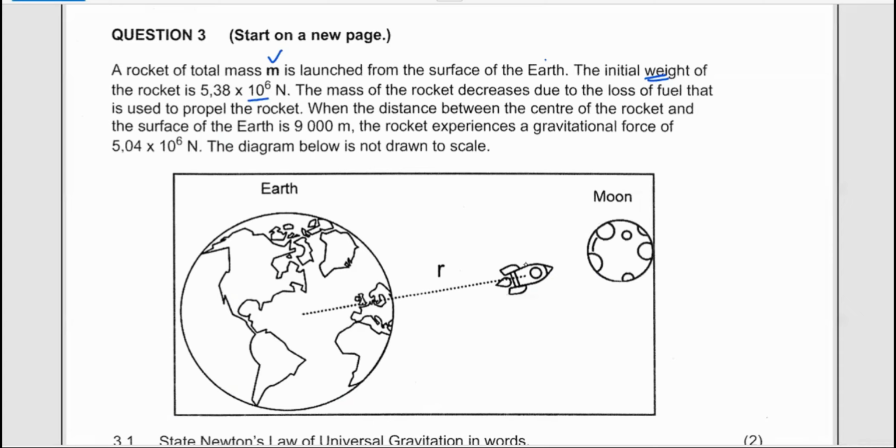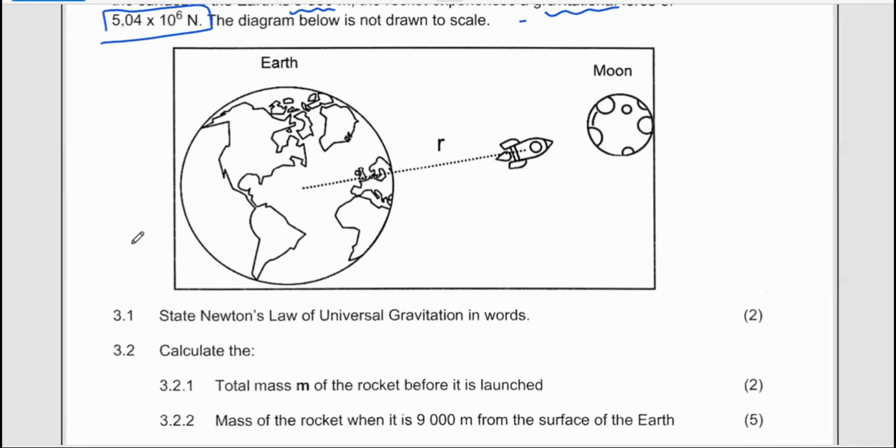When the distance between the center of the rocket and the surface of the Earth is 9,000 meters, the rocket experiences a gravitational force of this much. The diagram below is not drawn to scale. And then they ask us to state Newton's law of universal gravitation.